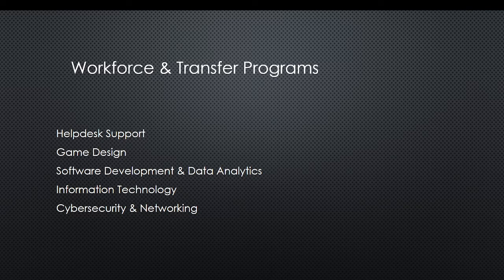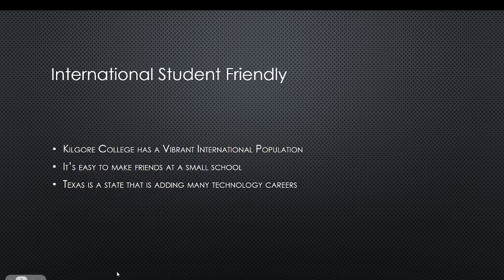We'll help you place into a job and we'll give you the skills that directly translate into what you can do in the workforce. That's, for instance, help desk support, game design, software development, IT, and cybersecurity. All the things that you are doing now with ClockHacks. So I hope your projects are going well.